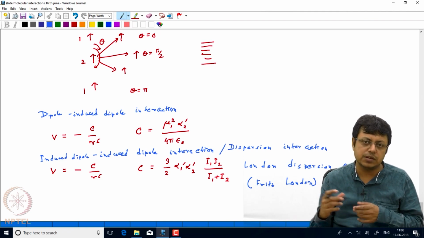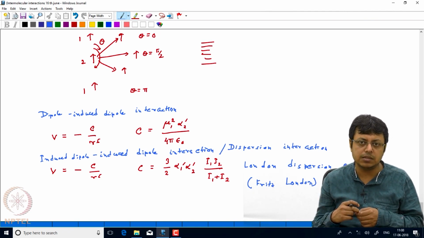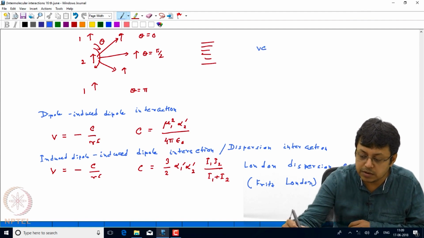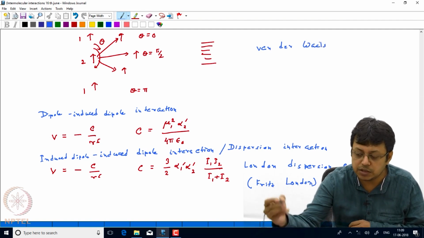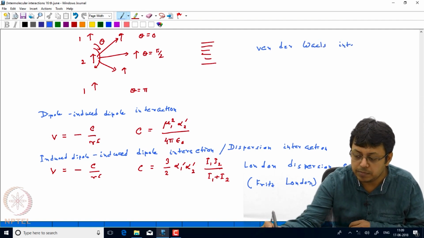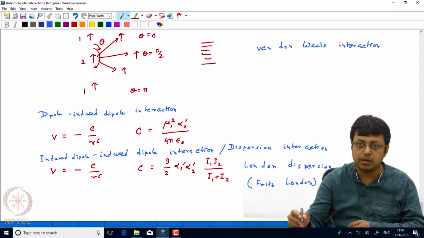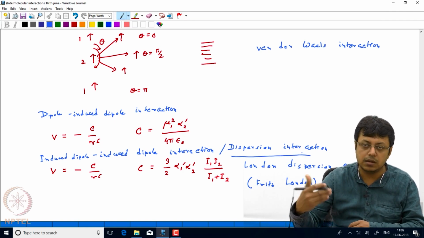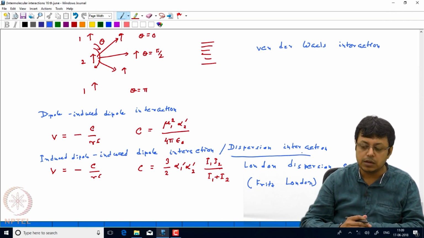So all these interactions are generally called Van der Waals interactions. These Van der Waals interactions are basically those interactions which account for the deviation from ideal behavior, and in most cases the dominating interaction under the Van der Waals interaction is the dispersion interaction, which was described by Fritz London.